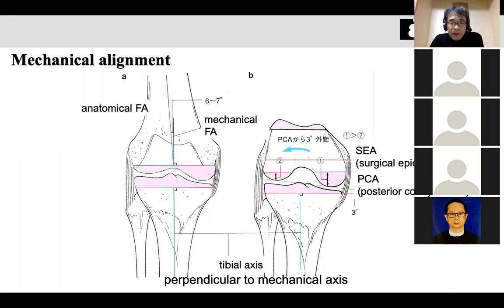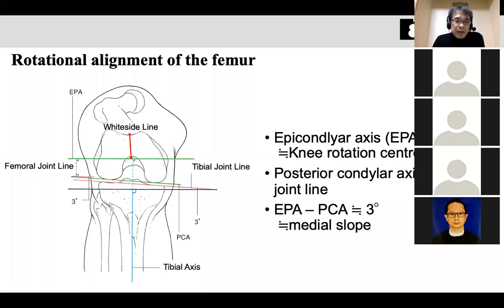And at the same time, this line is perpendicular to the femur and the tibia axis and parallel to the tibial cutting axis. Okay, this is very basic. Okay, so again, the green line is the transepicondylar axis, SEA or TEA.